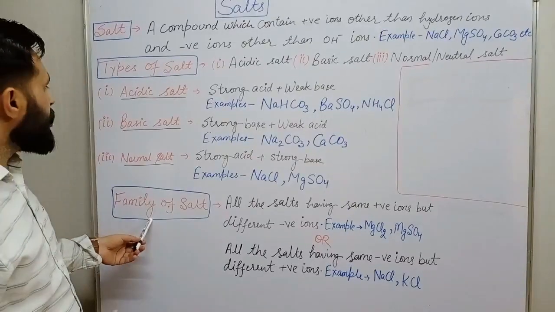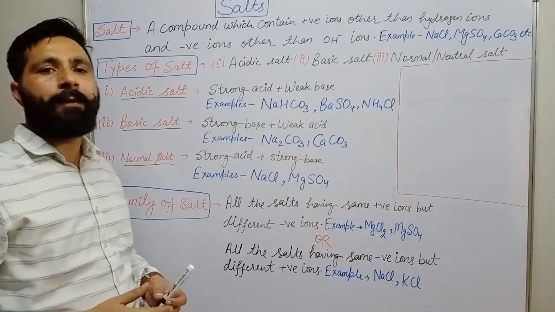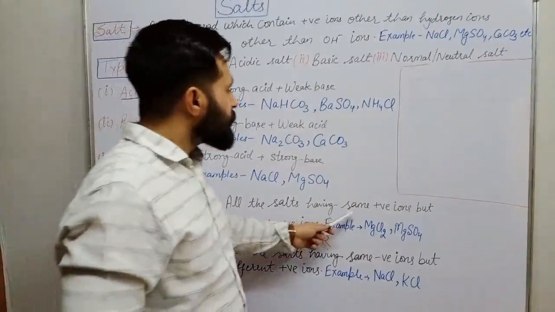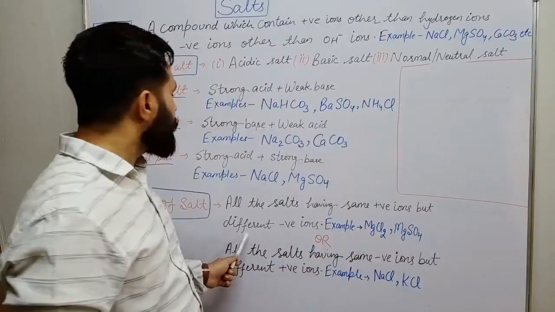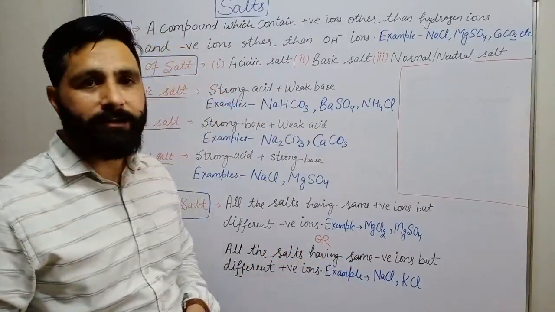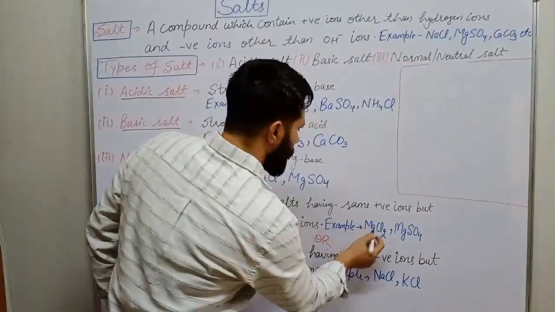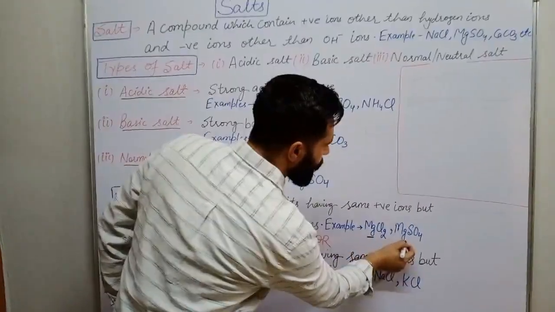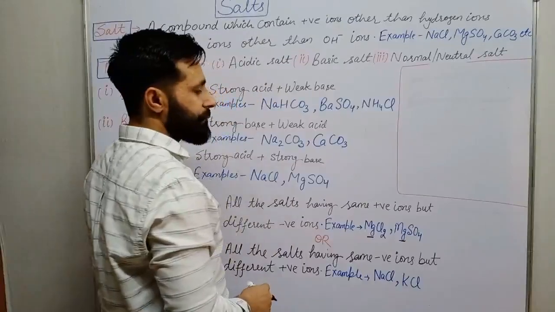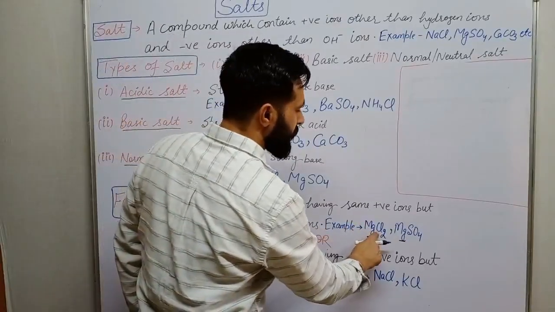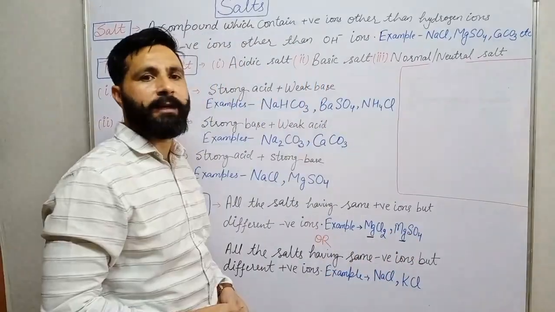Next, family of salt. What is a family of salt? All the salts having the same positive ion but different negative ions. See here beta, the positive ion is magnesium, but the negative ions are different. Here chlorine is the negative ion, here sulfate is the negative ion.